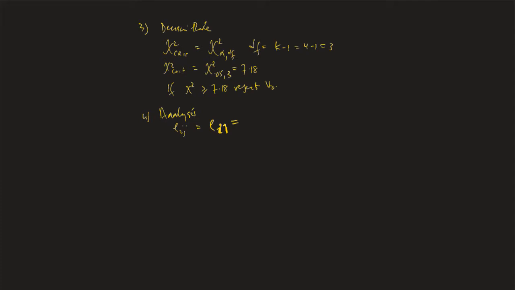But let me put the values down so you can see it. We have social media, we have UK, China, Russia, and then USA. And then we have our totals.